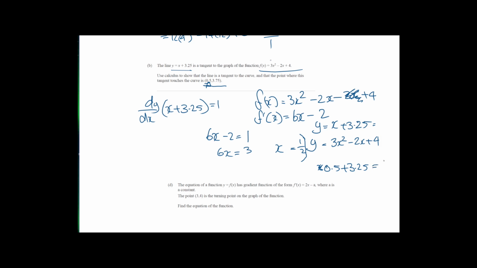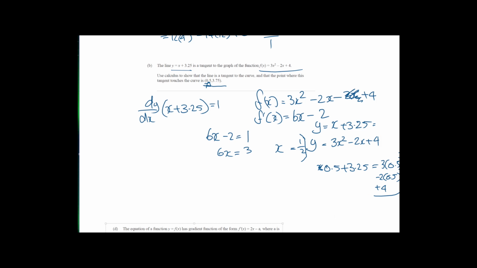Does that equal 3 half squared minus 2 times a half plus 4. I recognize I'm running out of space again. Move that down a bit. All right, so we know already that both of these have the same gradient where x equals half.